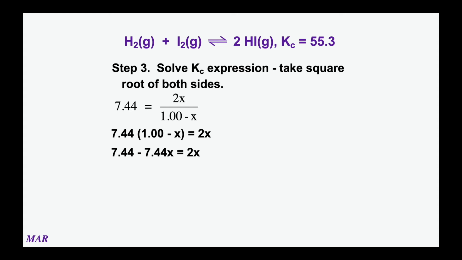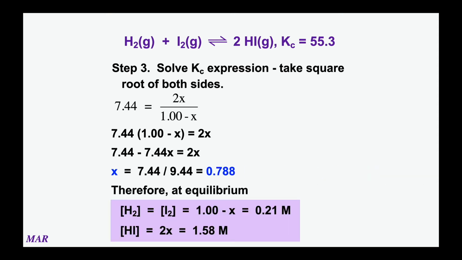So 7.44 times 1 is 7.44, and the same thing times minus x is minus 7.44x, equals 2x. Again, get all the x's on one side, so that would be 9.44x equals 7.44. x will equal 7.44 divided by 9.44, which is 0.788.